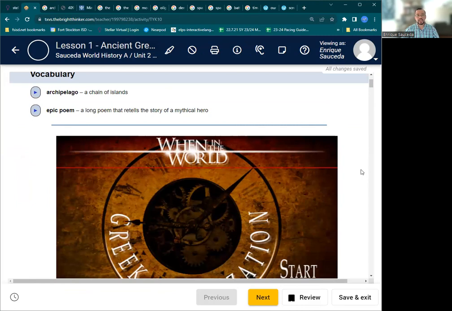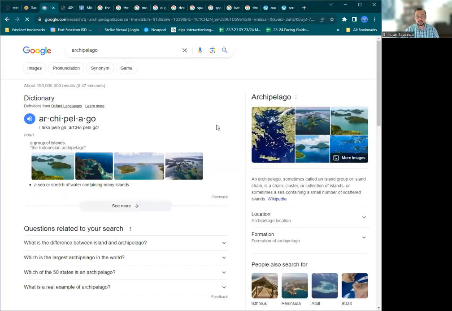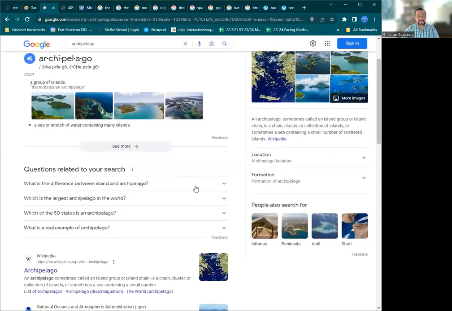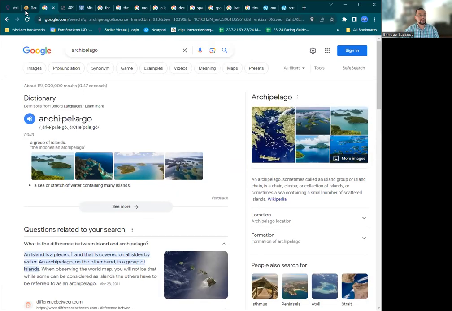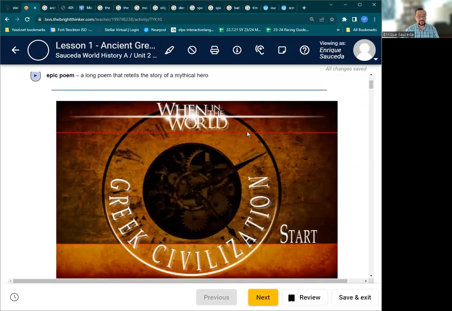An archipelago is a chain of islands. What is the difference between an island and an archipelago? An island is a single piece of land. Australia is an island. But an archipelago is a group of islands, like Hawaii is an archipelago. So that's that little clarification.